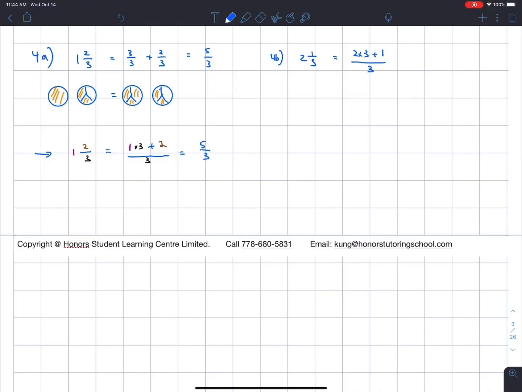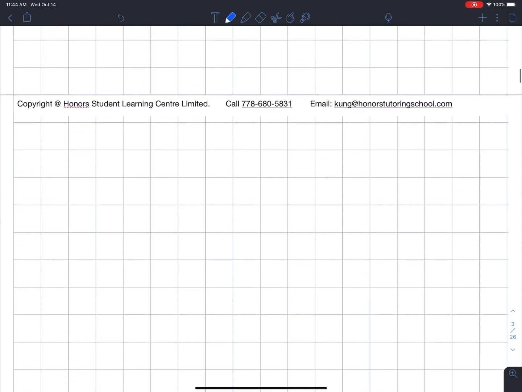And now I can just do this calculation. 2 times 3 is 6. 6 plus 1 is 7. So my answer is 7/3. For C, 3 and 1/2, same idea. 3 times 2 plus 1 over 2. And we will get 7/2.